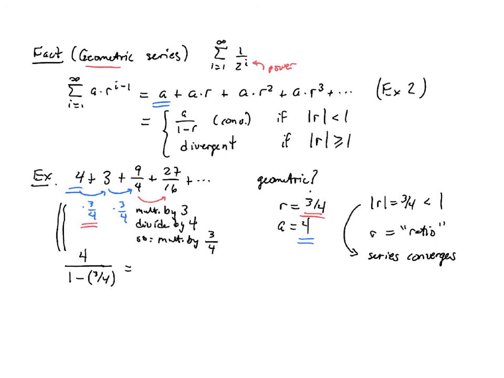And when you simplify that, that's 4 over 1/4, which is the same thing as 16. For other examples like this, you should see examples 3, 4, and 6 in the textbook.